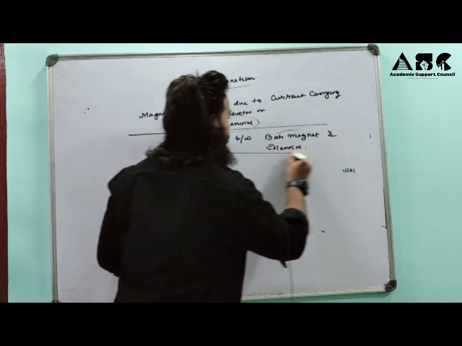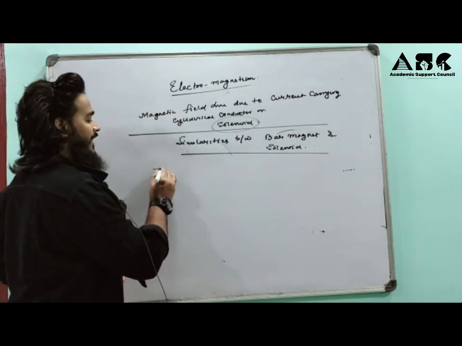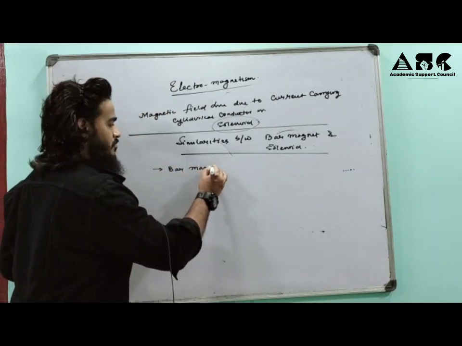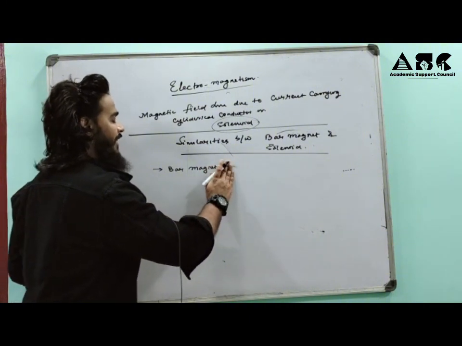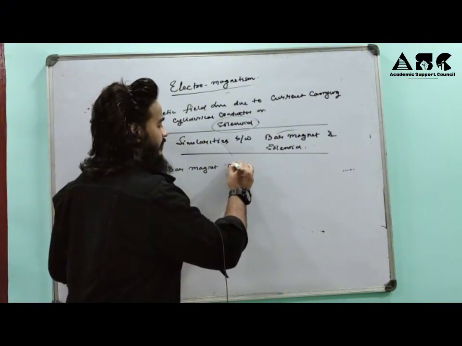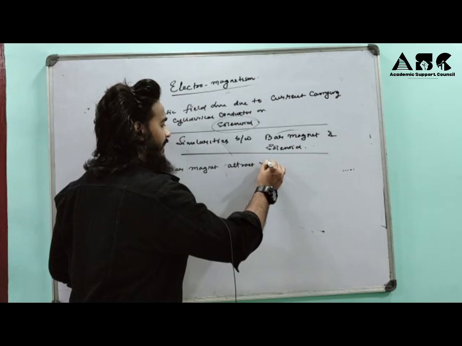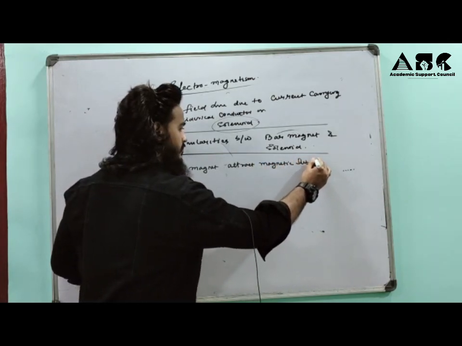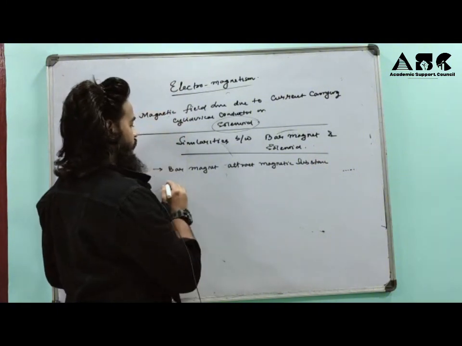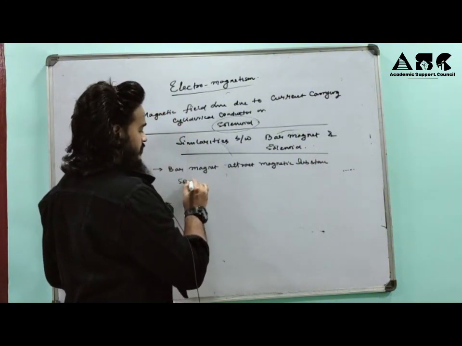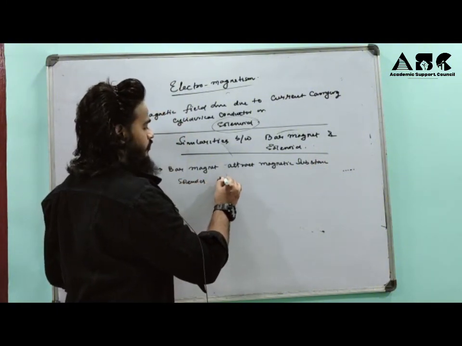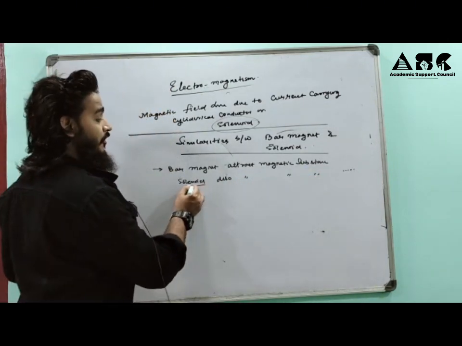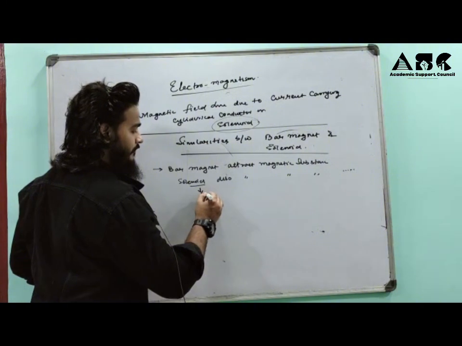Remember that a bar magnet attracts magnetic substances. A solenoid also attracts magnetic substances, until the current is passed.